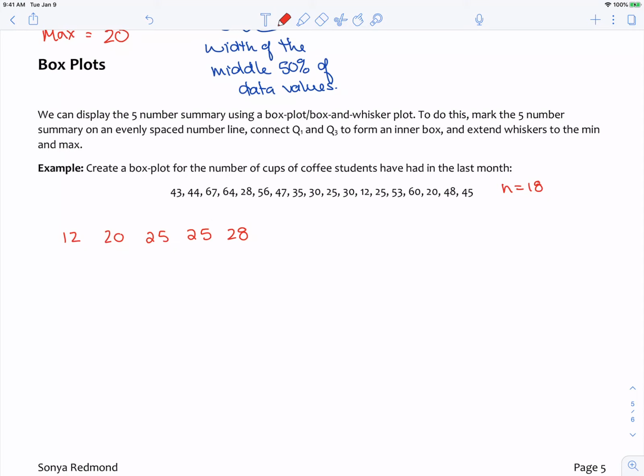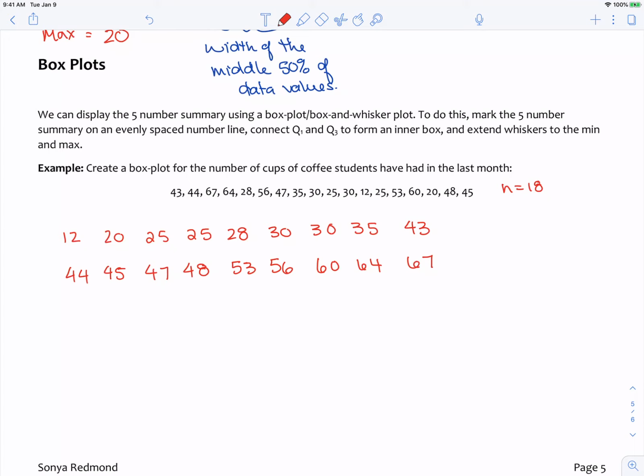Then I look at the 30s and I have a 30, 30, 35, and then I'll go to the 40s, and so I have a 43, 44, 45, 47, 48. Then I'll go to the 50s. I have a 53, 56, and then go to the 60s. I have a 60, 64, 67.